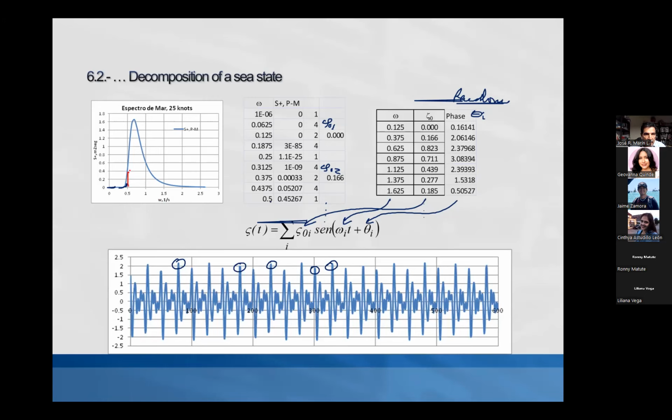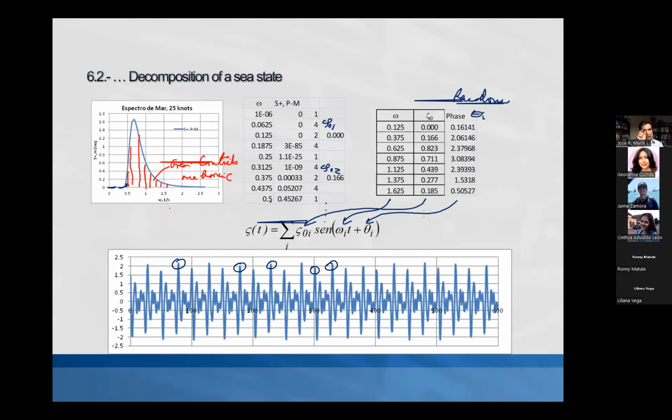So we can think that this is split in little strips, and each strip, this area, is the contribution from one harmonic, okay? So this area represents the contribution for each one of the harmonics. At the end, we have many harmonics we can combine, and this is the way we can do simulations, okay?